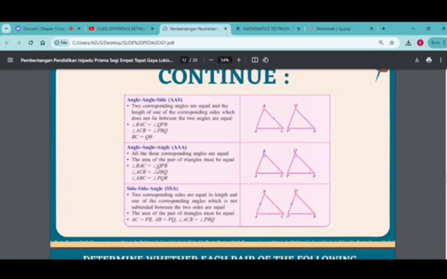BAC equal to QPR. ACB equal to PRQ. ABC equal to PQR.